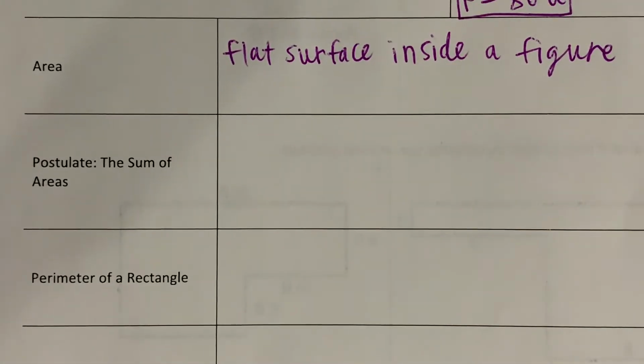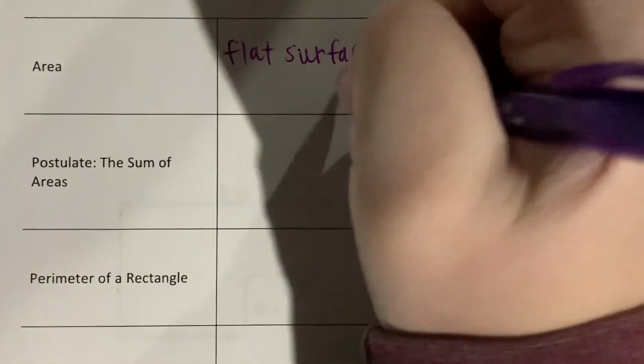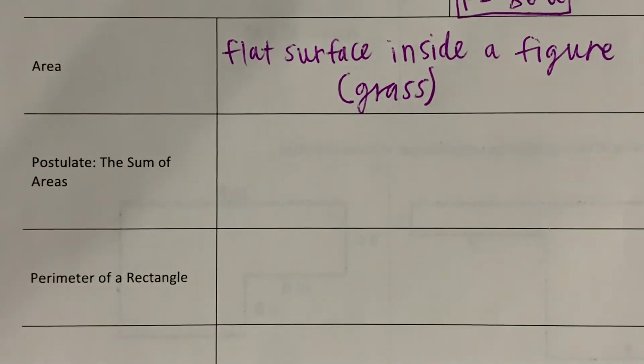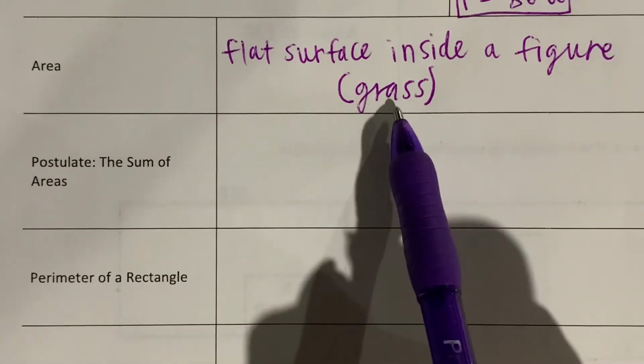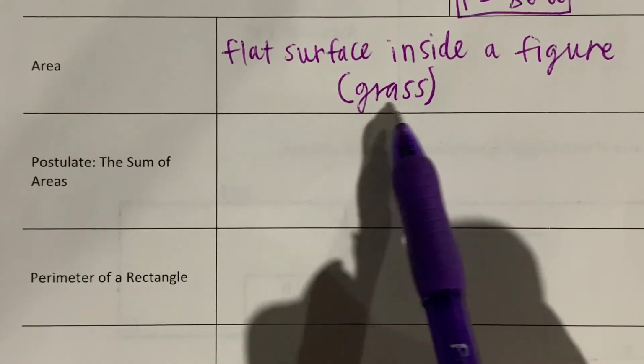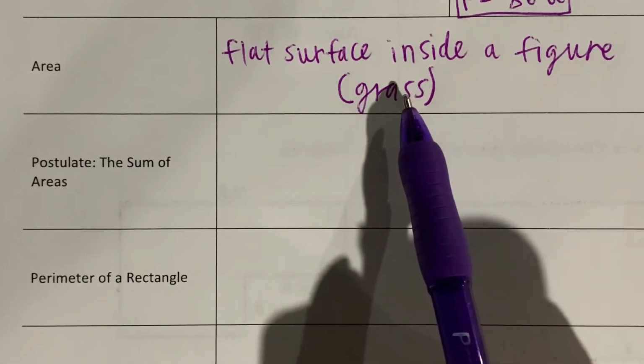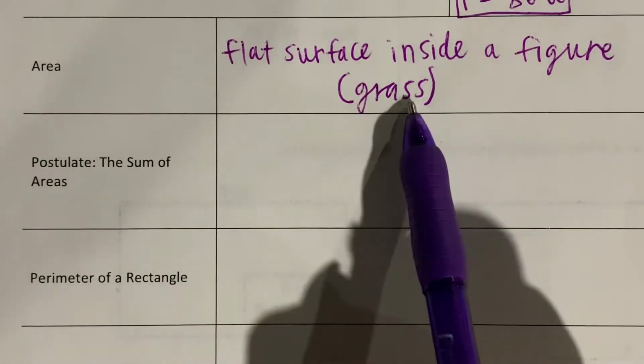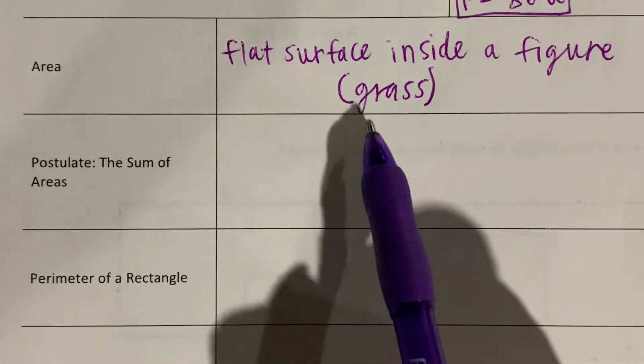And I like to think of this as grass, or like laying sod in your yard. So a few summers ago, my husband and I did put up a fence around our yard, looking at the perimeter of our yard. And we also did lay sod to cover the flat surface inside of the figure, or the flat surface inside of the fence, inside of the perimeter.